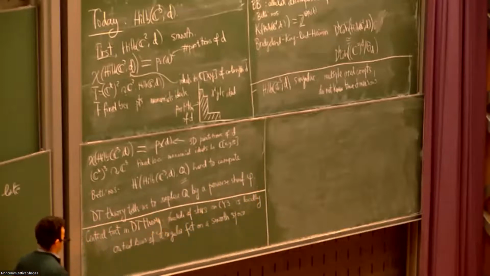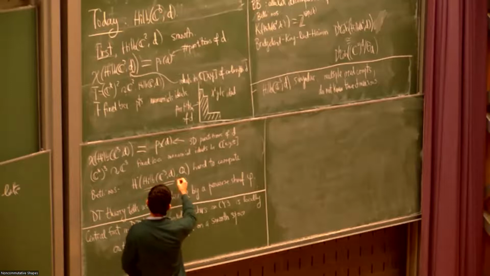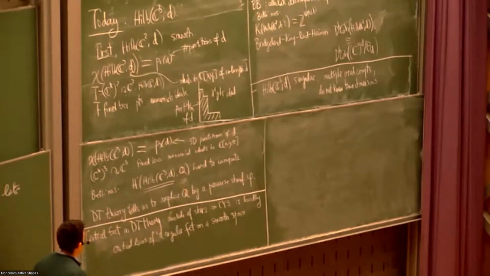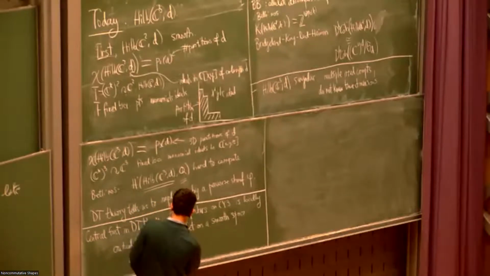So itself, it is not smooth, it actually has bad singularities. Already for the simplest example of a moduli of sheaves on a Calabi-Yau threefold, namely Hilbert C3D, it is very singular. But, just to write a math formula, it's the critical locus of a regular function on a smooth space X.